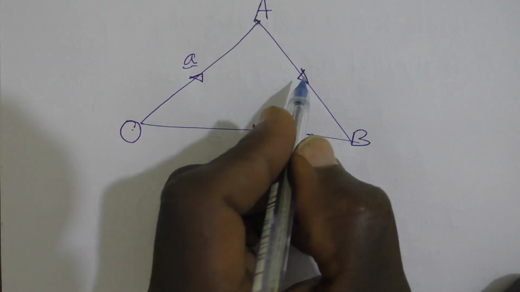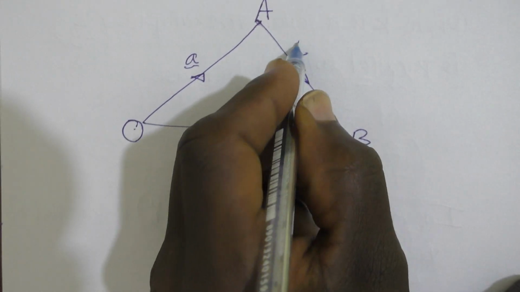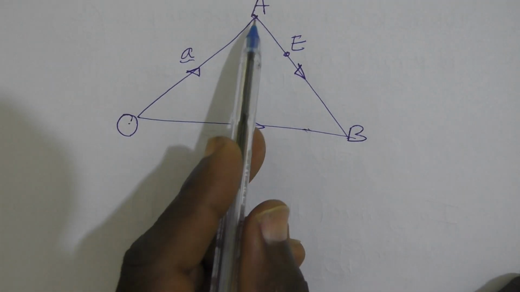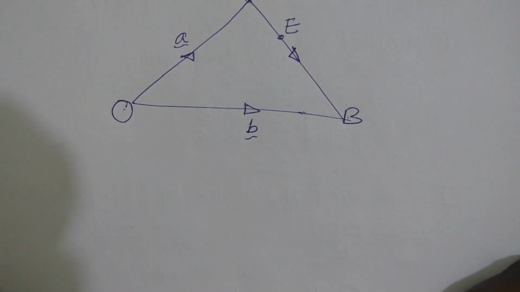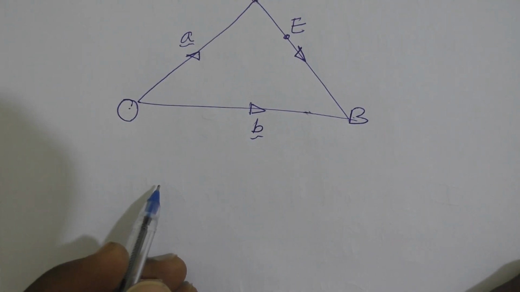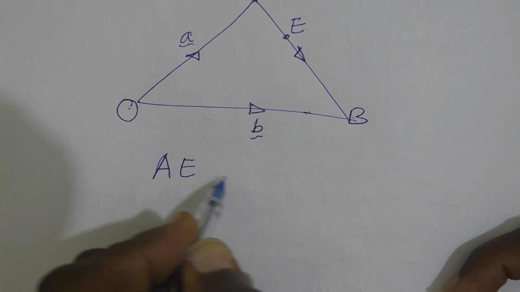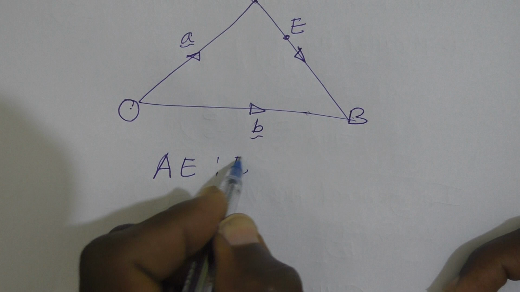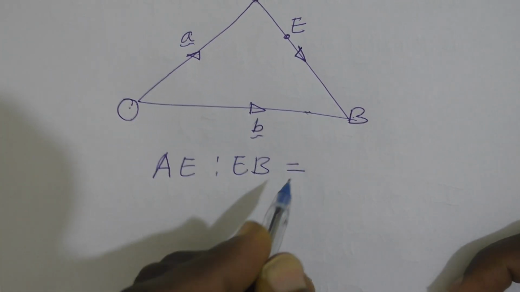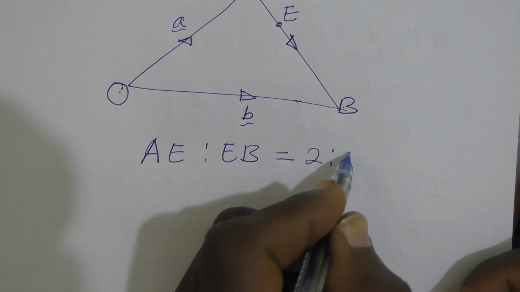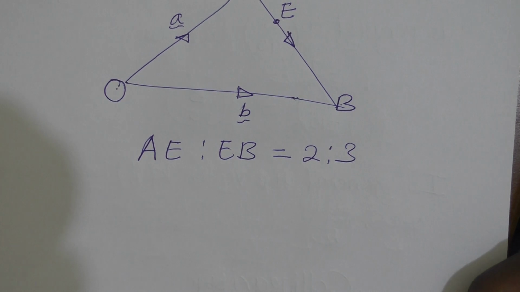So, assuming we have a point E on line AB, but we can use any ratio, AE to EB equals 2 to 3. Let's use that.